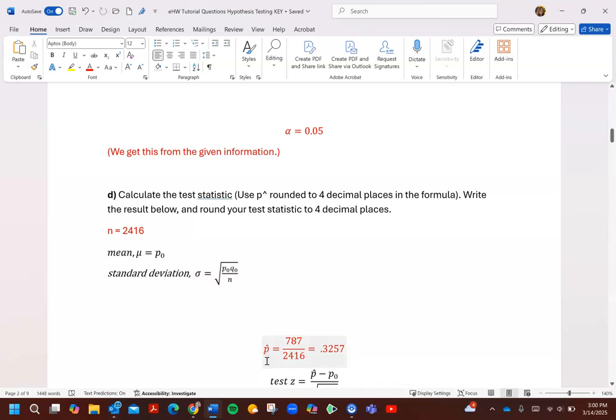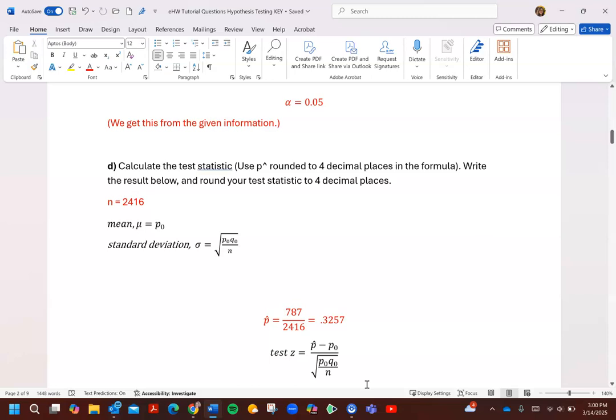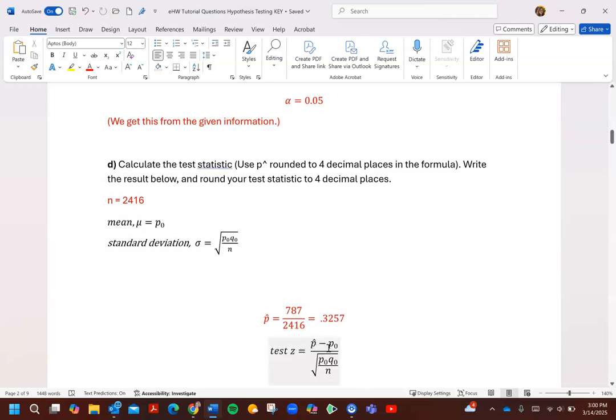Another formula we need for the test z is p hat minus p sub 0, all divided by this standard deviation, which is that square root of p sub 0 times q sub 0 over n. And to do that, we first have to calculate what p hat is. So just take your proportion from the sample, 787 divided by 2,416, we get 0.3257. I'm just rounding to 4 decimal places.